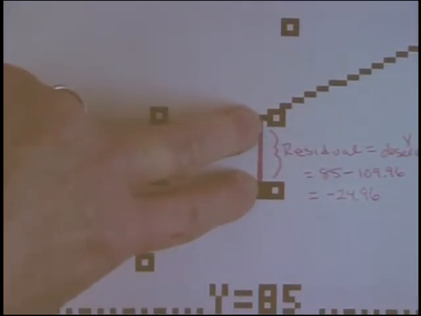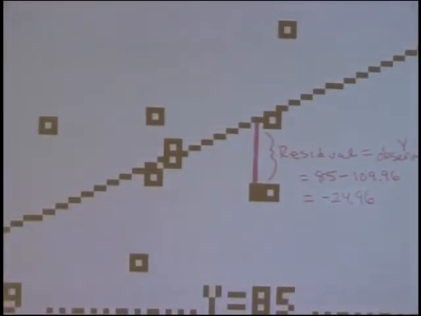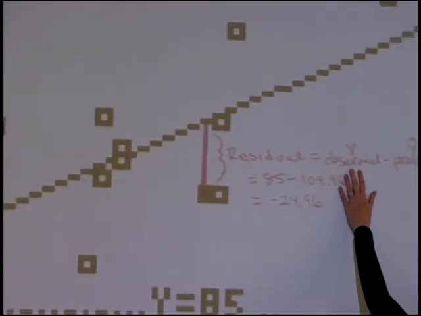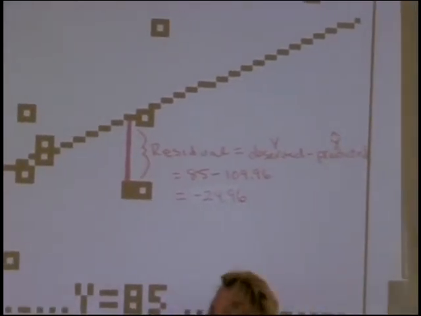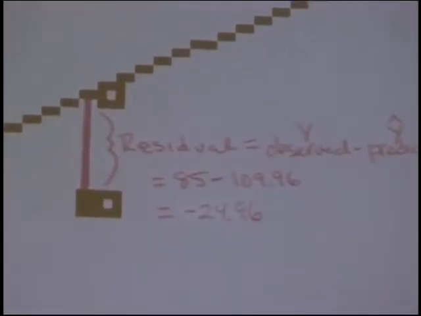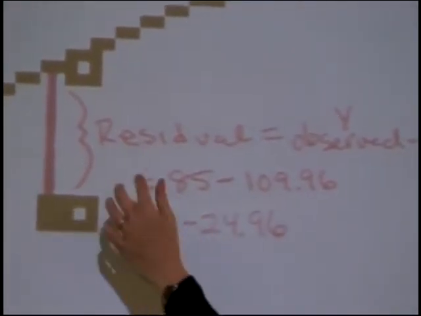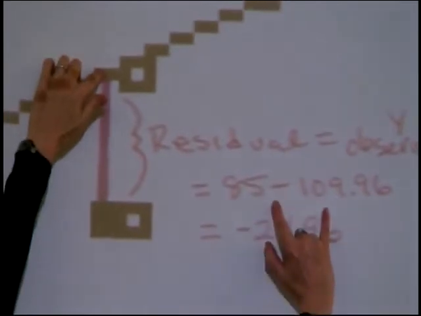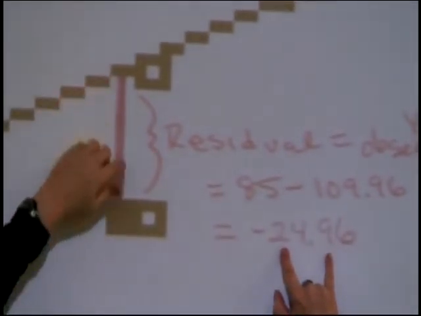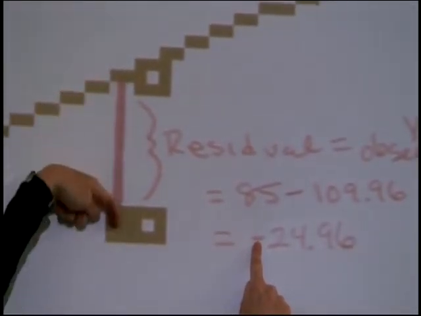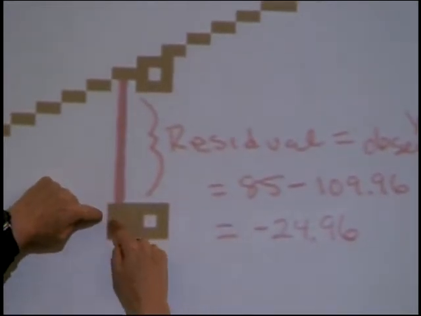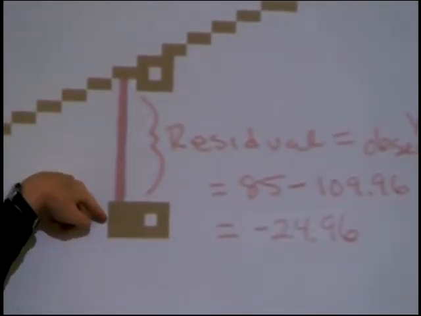This is heavy stuff. So again, you take that observed y, and then when you typed in the 149 and hit enter, did you get about 109.96? Yeah. Okay? That's the predicted y. Subtract, and your residual, notice, is negative because your data value is underneath the line.